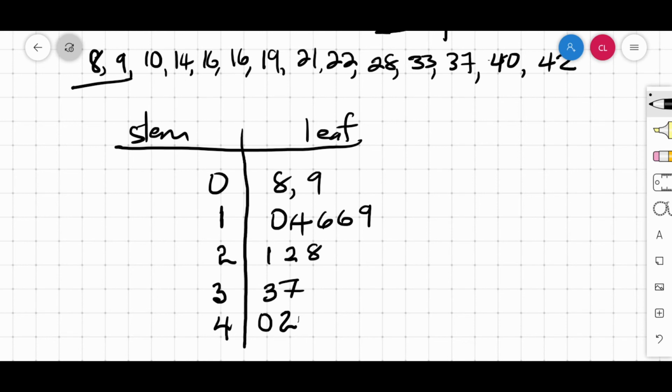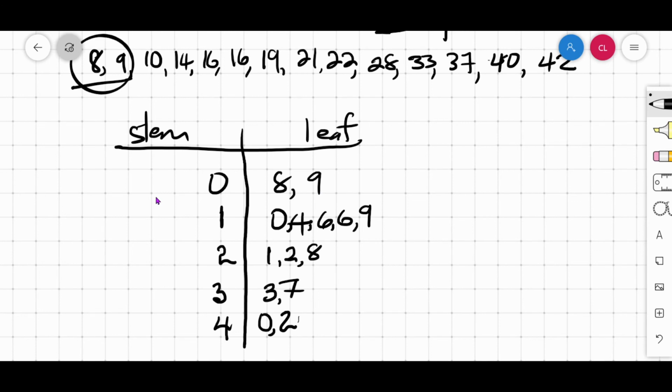So let's fix this so we can clearly see each representation. So here, for the first band of numbers or first class of numbers, that would be for the 8 and the 9.